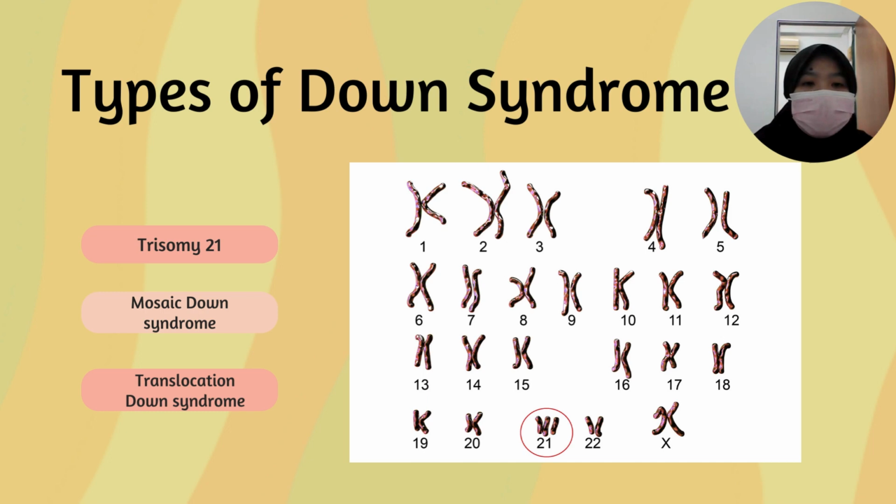So that's what makes it different from one type of Down syndrome to another. So, as mentioned before, under Down syndrome, there are three types that make them different from one another.